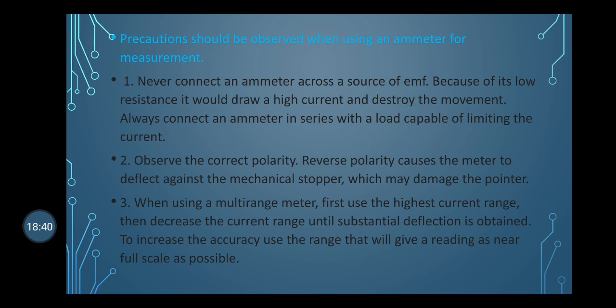When we use a multi-range meter in a circuit, it should first be read on the highest range. After that, step by step it should be decreased until a substantial deflection is obtained.